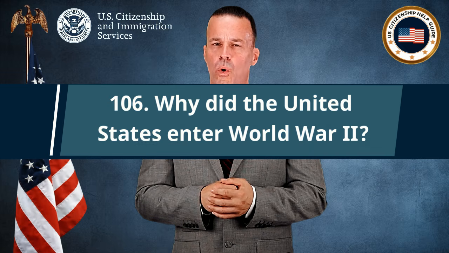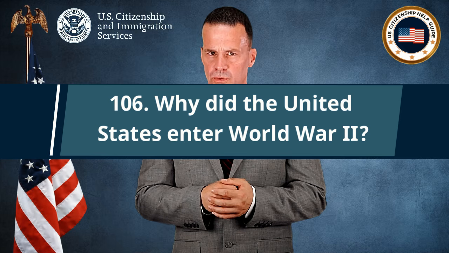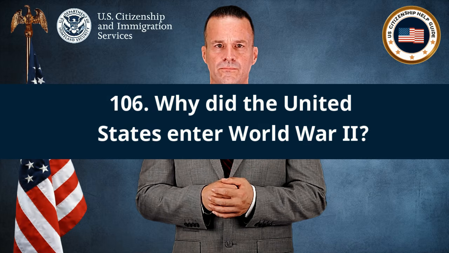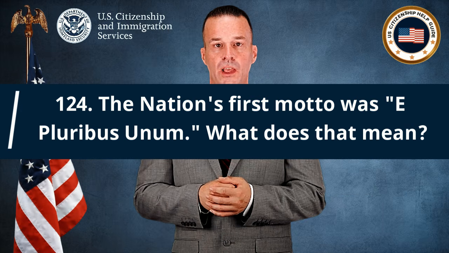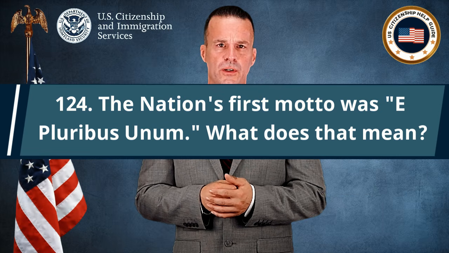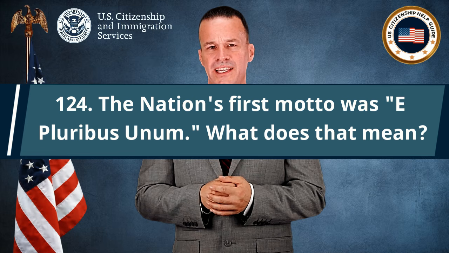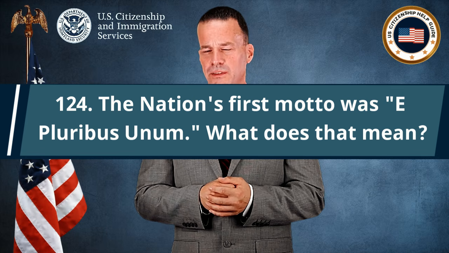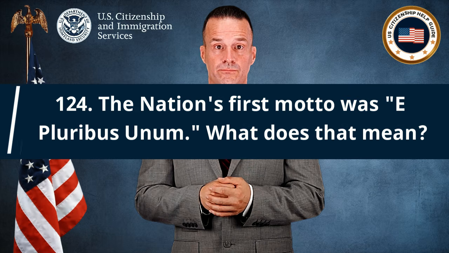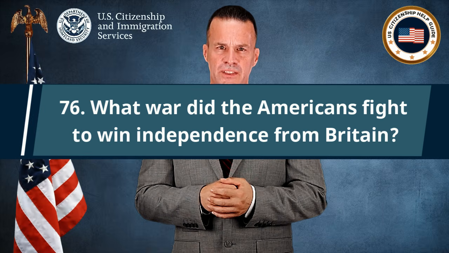106. Why did the United States enter World War II? Bombing of Pearl Harbor. 124. The nation's first motto was E pluribus unum. What does that mean? We all become one. 76.